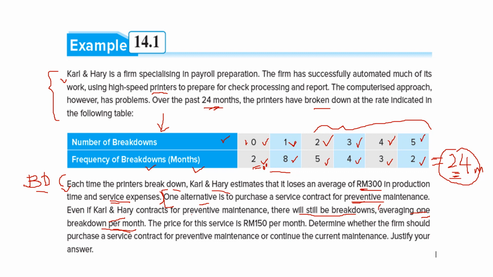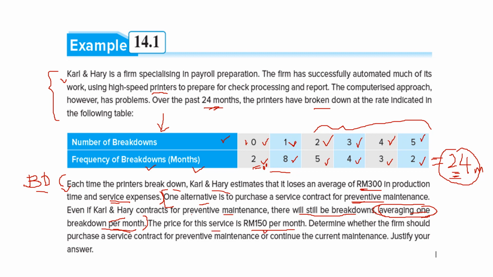So averaging 1 breakdown per month. So this is a very important information. The price for this service is 150 ringgit per month, meaning that if the company choose preventive maintenance, the company will have to pay the service cost, that is 150 ringgit per month.